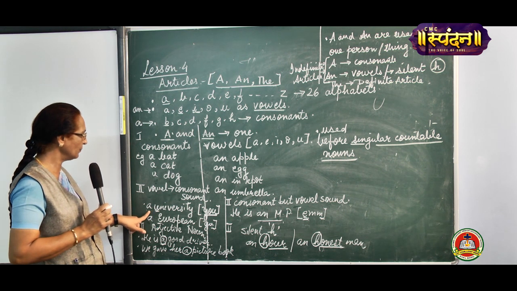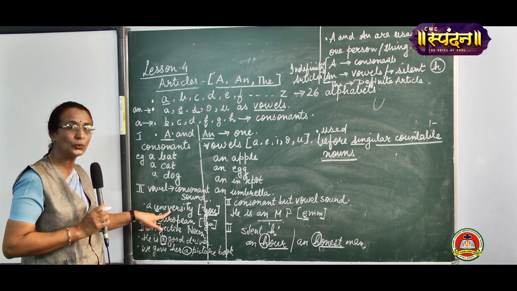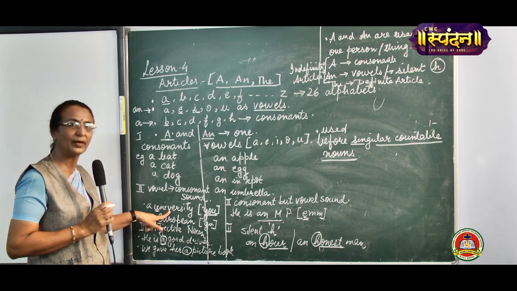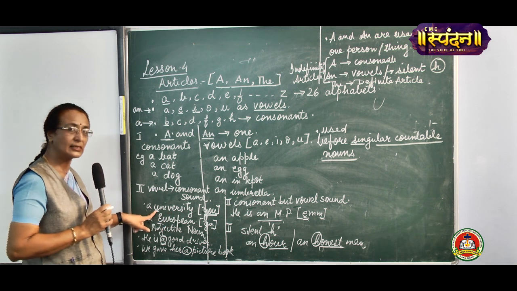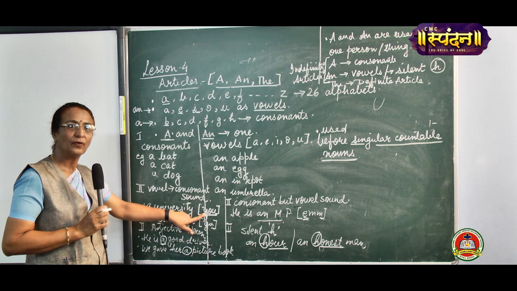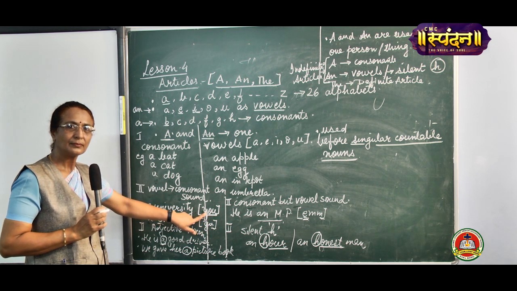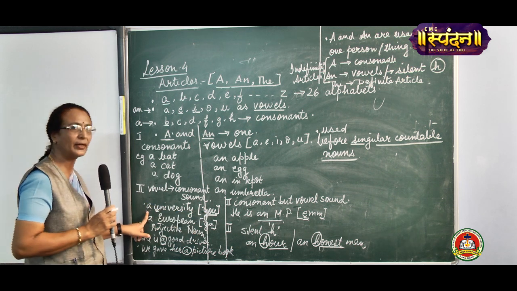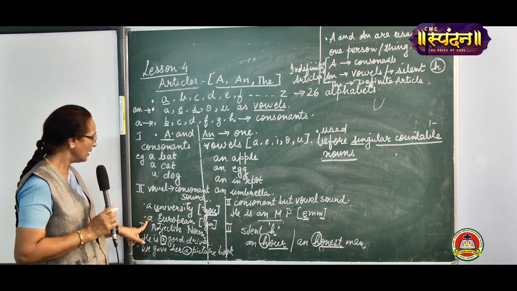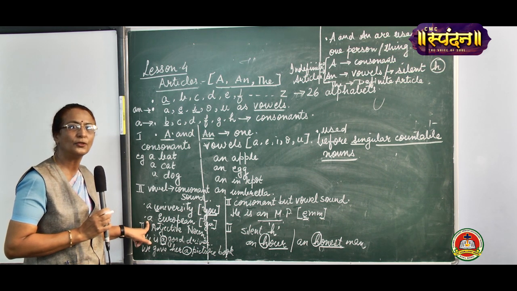Like I told you, a university. The pronunciation really matters here. Though it is starting from U, but how is it written? Y-O-U. Y is a consonant. So you will be writing a university. In the same way, he is a European. Mark is a European.